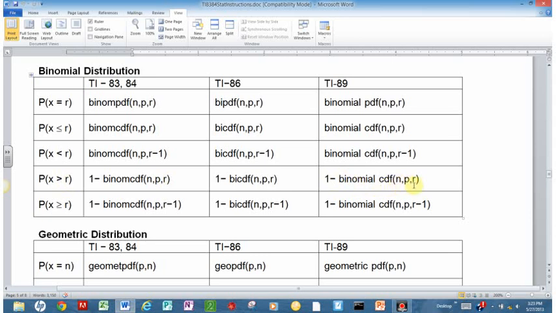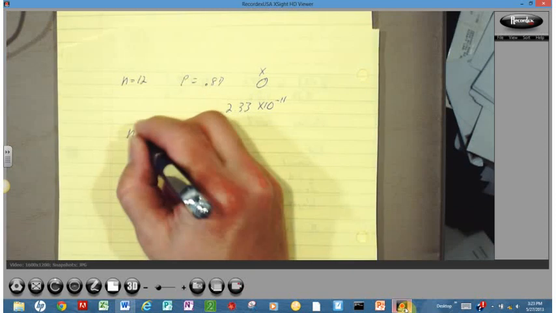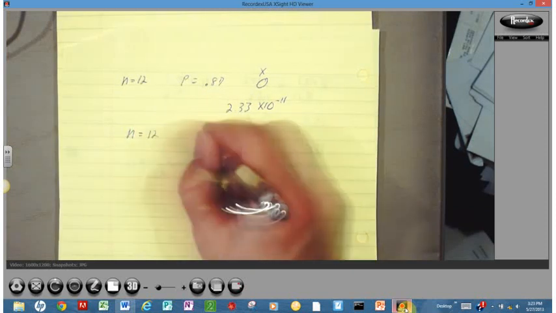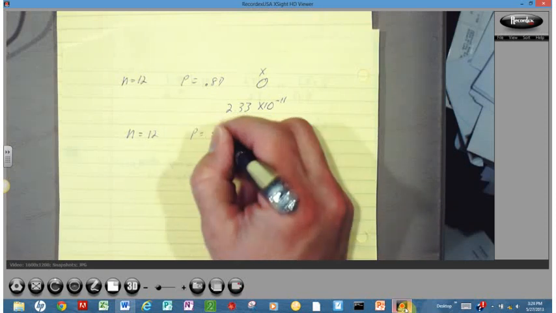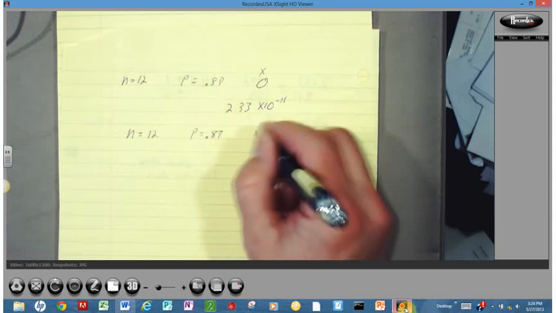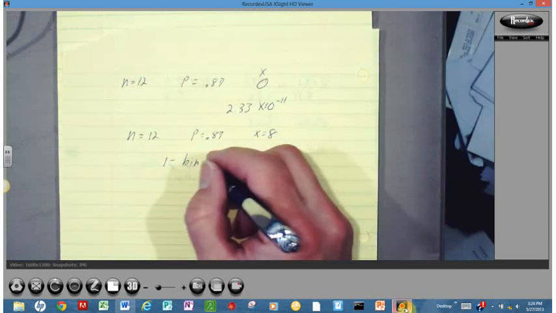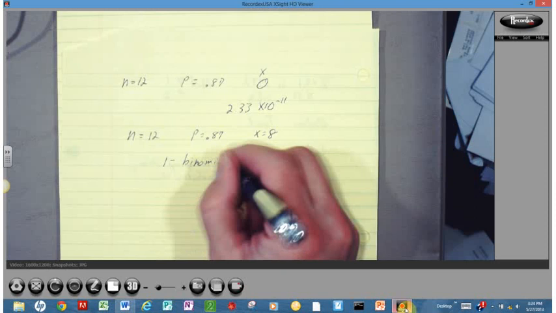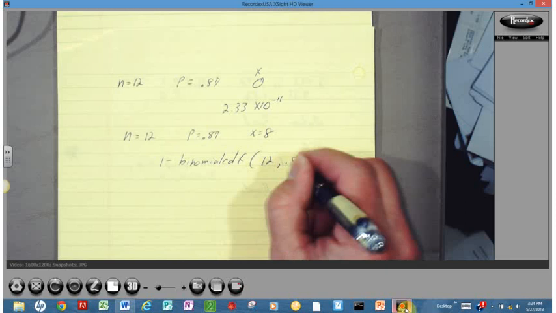So looking at those things right there, what I'll do here is put those back into my equation, and I've got n equal to 12 still, p is equal to 0.87, and then x is now equal to 8. So I'm going to go 1 minus the binomial CDF, because it's a cumulative one, and I'll go 12 comma 0.87 comma 8 and get my answer.